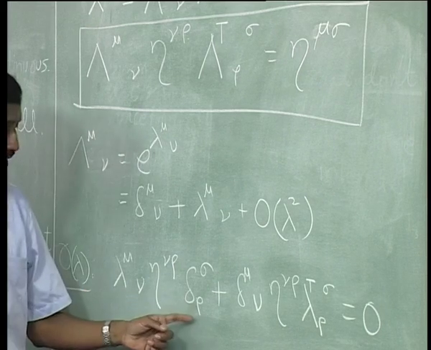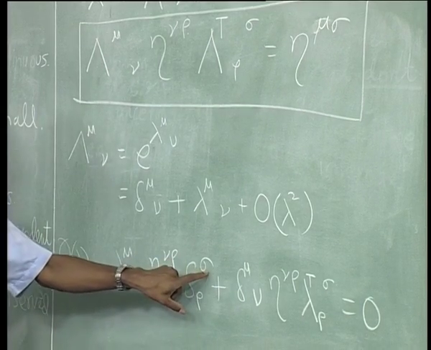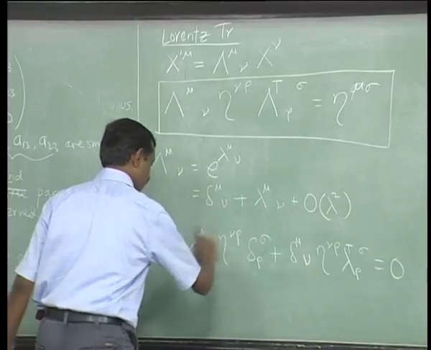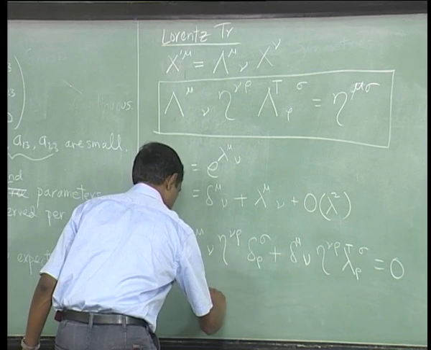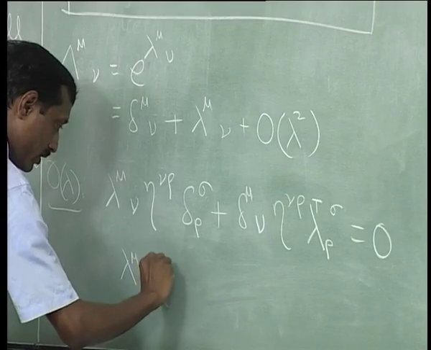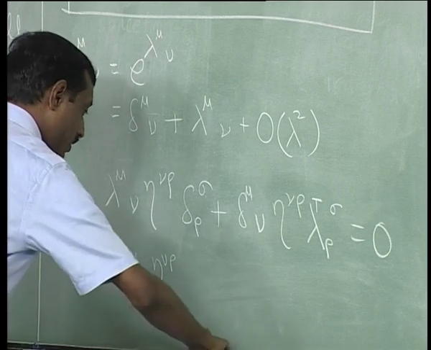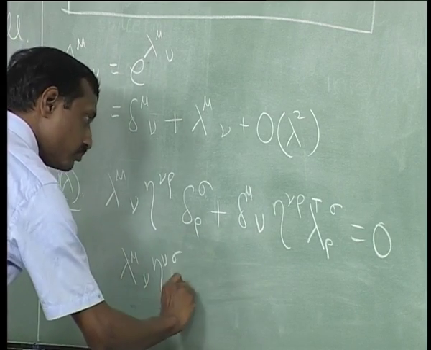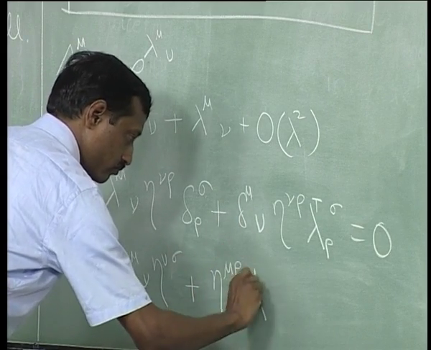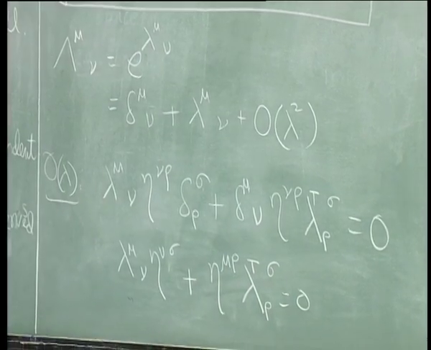Okay. So, we can get rid of these Kronecker deltas easily. This just tells you that this rho becomes sigma, and out here this nu becomes mu. So, let me write one formula where I have taken care of that. I get lambda mu nu eta nu rho sigma plus the other term.